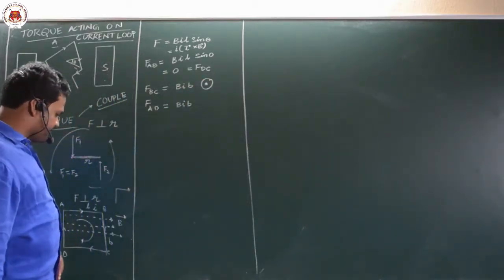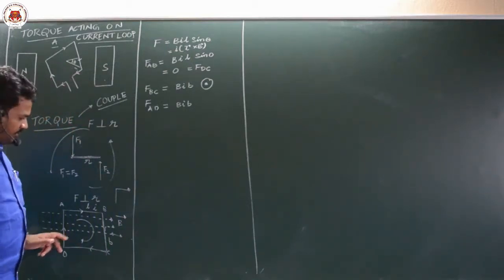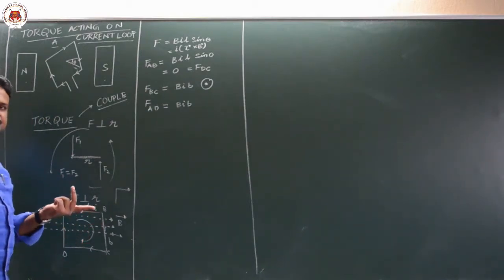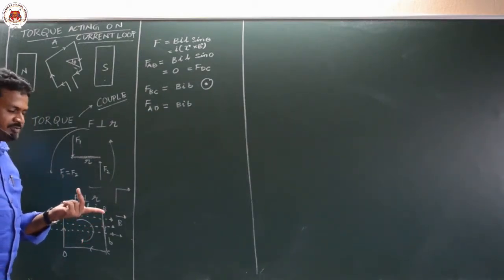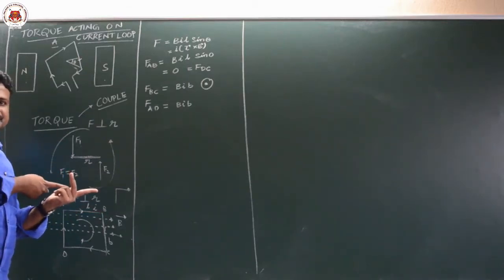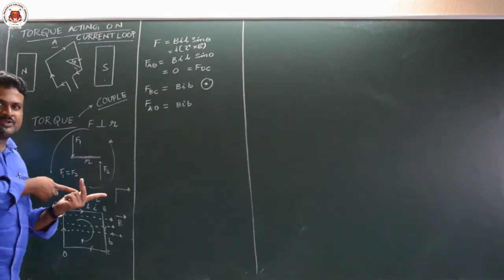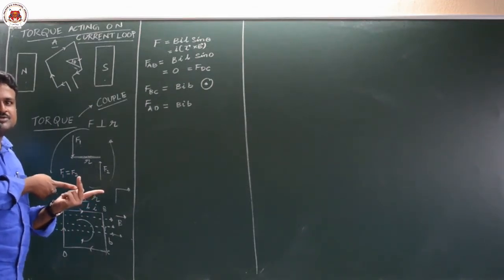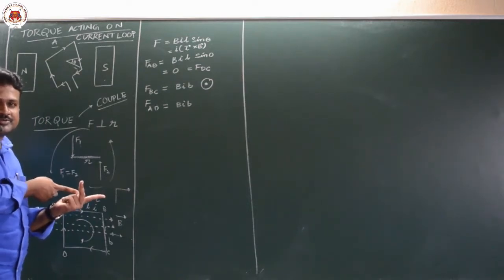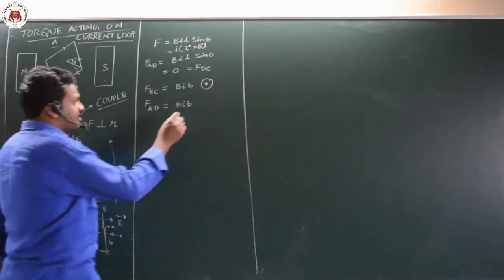For AD, this is the direction of field, and current is moving upwards. This gives the direction of force. Remember Fleming's left hand rule carefully, as many questions will be asked based on it, both in theory as well as competitive exams. Now force on AD wire is into.